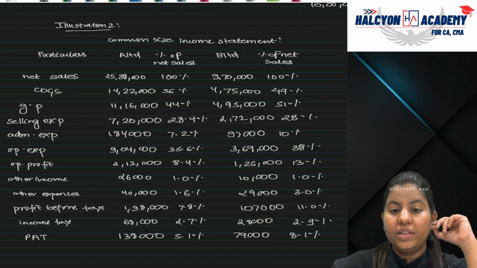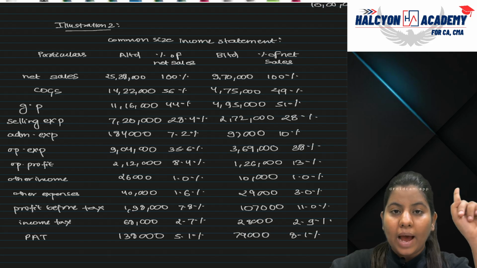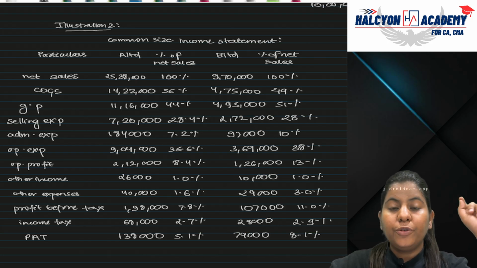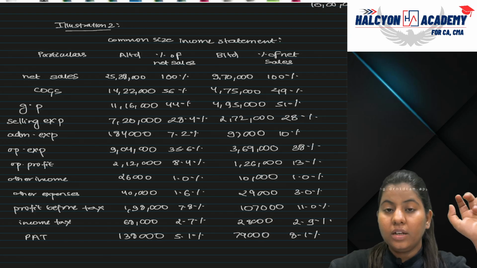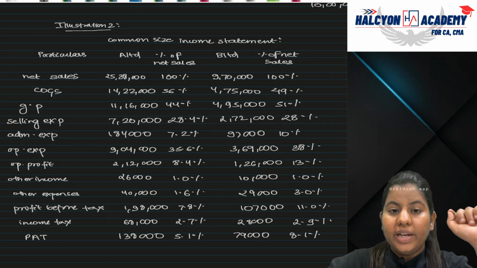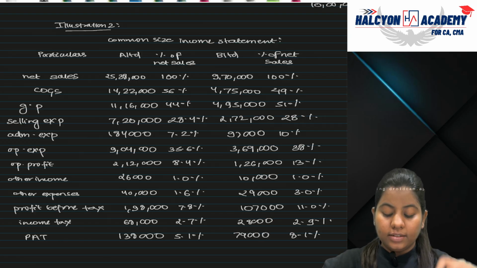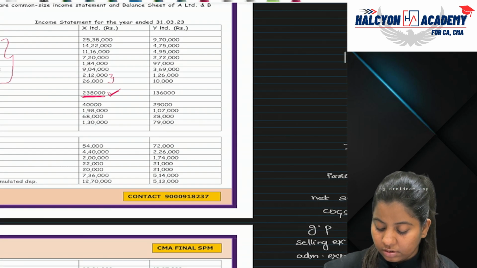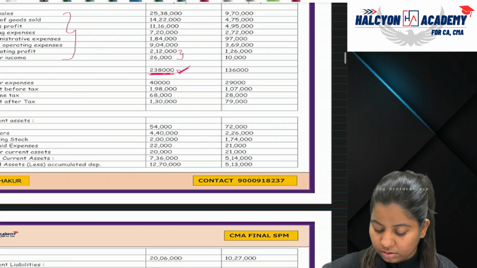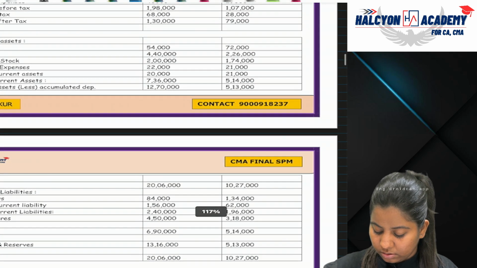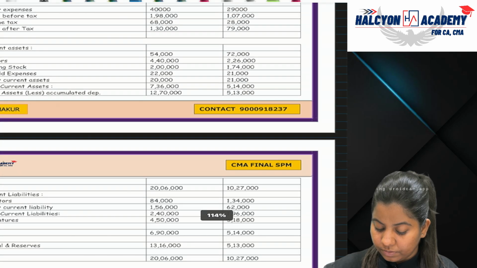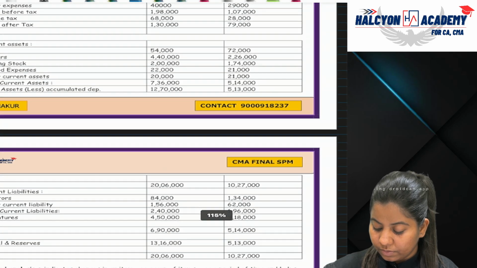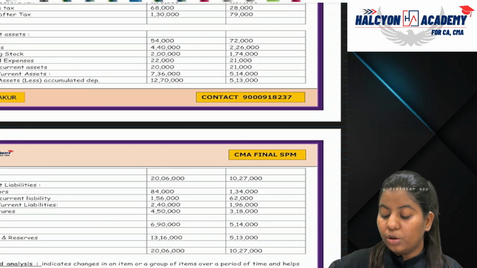Please copy this. Likewise, you have to do for the balance sheet also. But in the balance sheet, remember one thing: you have to take total assets as base. The amount of total assets is 20,06,000.